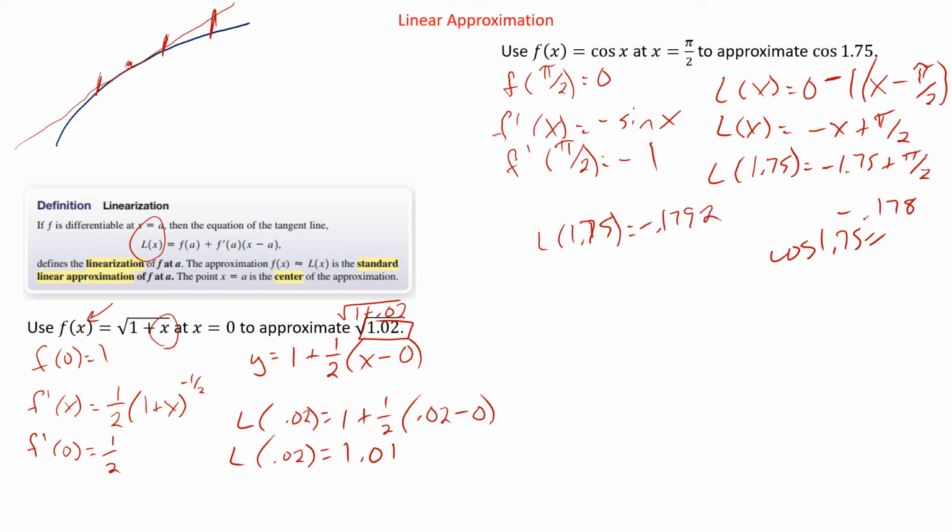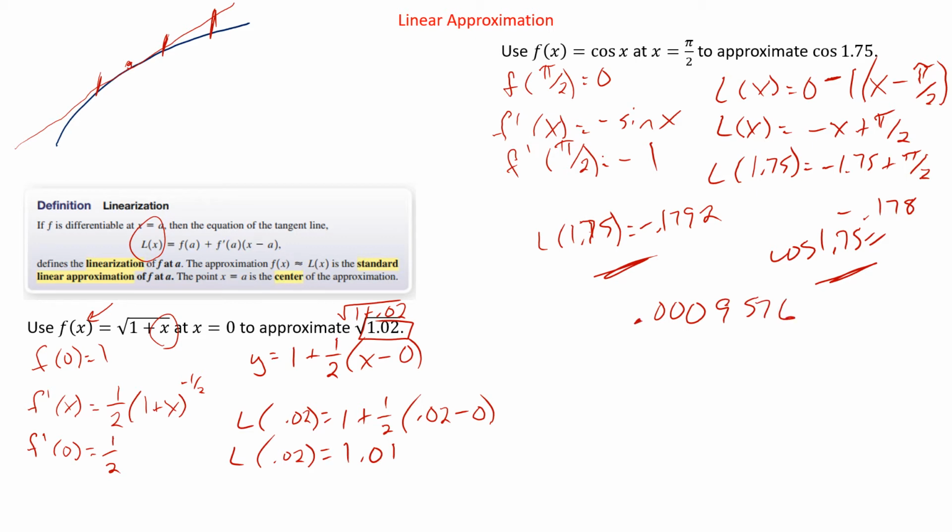Then it keeps going. Let's see how far off that was. The difference between these two values, the estimate and the actual value, by subtracting them, was 0.0009576.